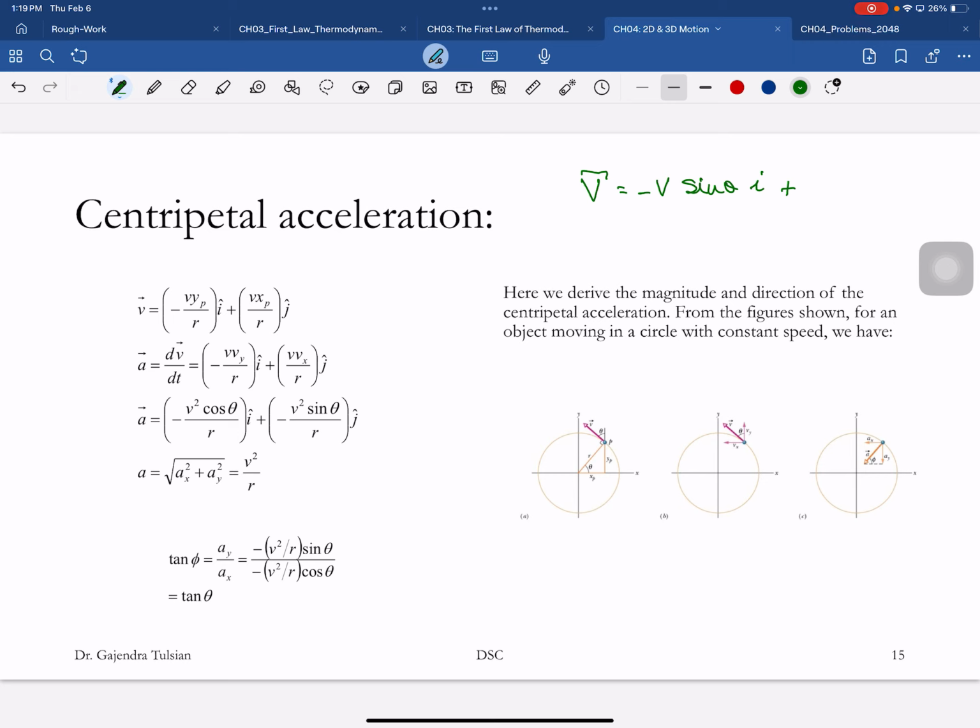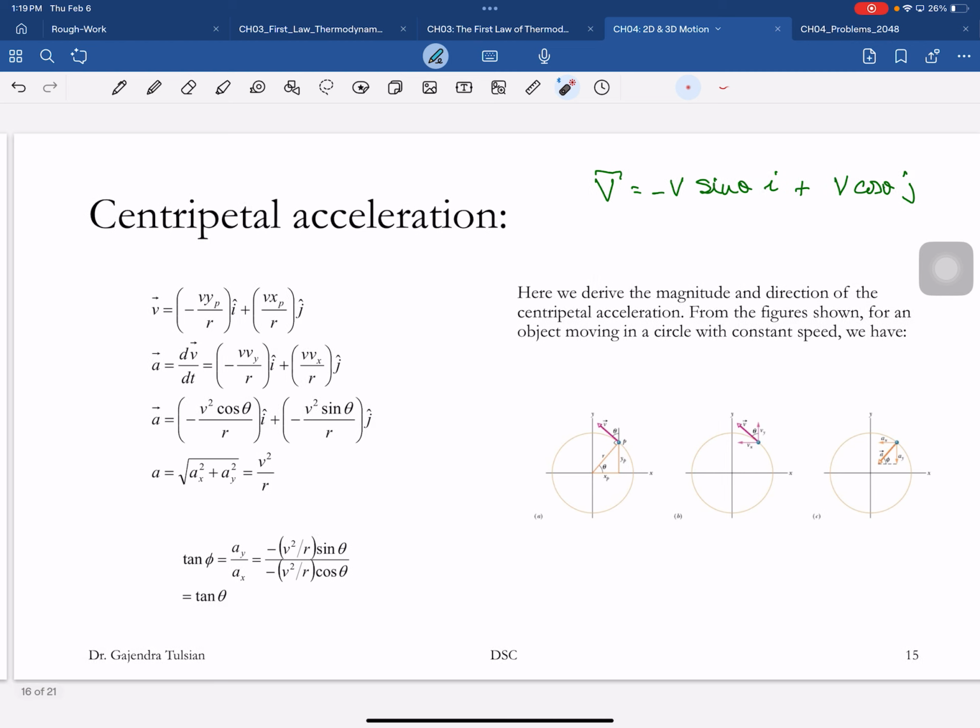Plus, can somebody help me out with the y component of the velocity? Very good. Who said that? Okay, v cosine theta j. Well, what is sine theta?